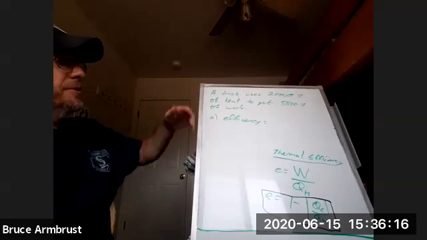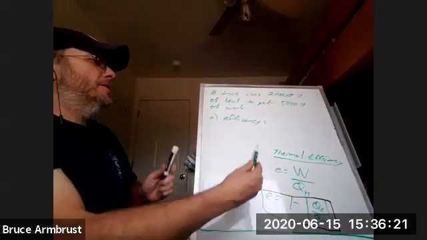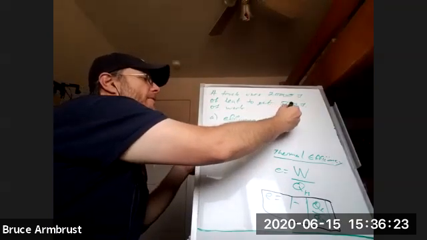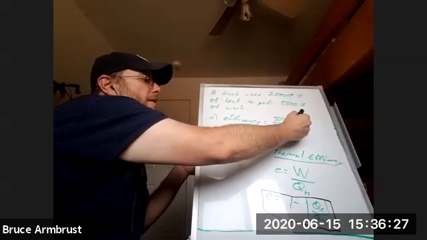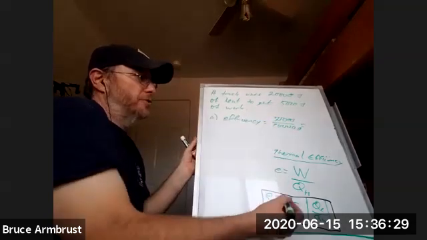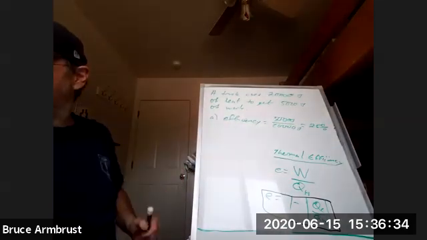Well, since we were given the work, we can just jump straight to the definition. So we're going to take our work, we got 5,000 joules out of it, but we were requiring 20,000 joules to get that 5,000 joules. So that's 25%.